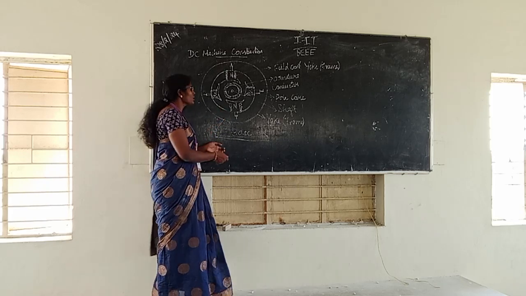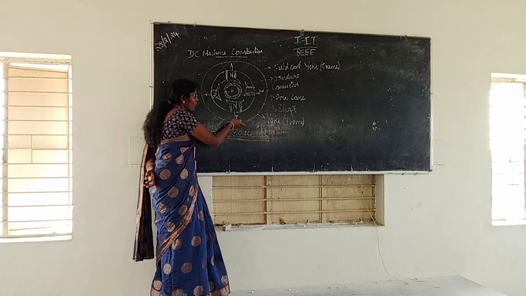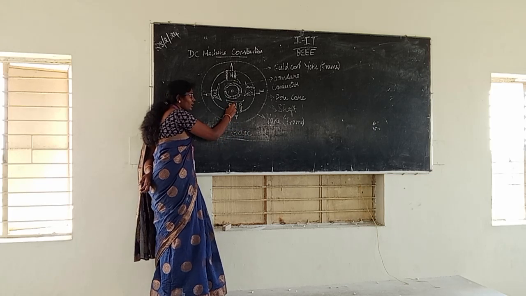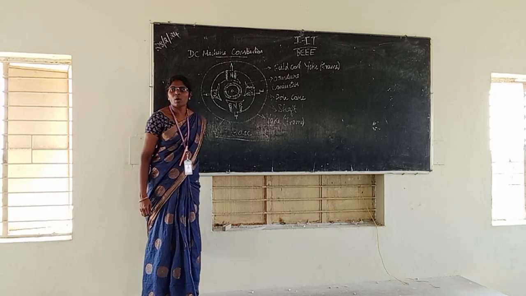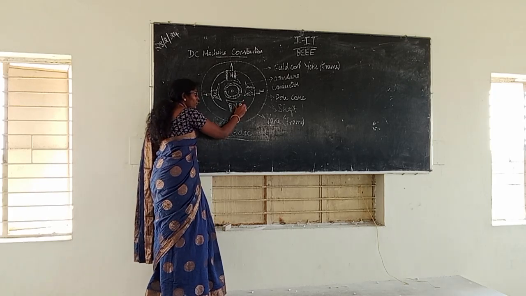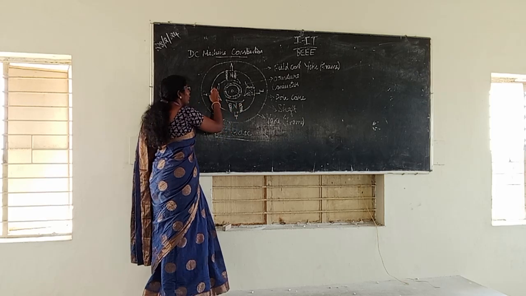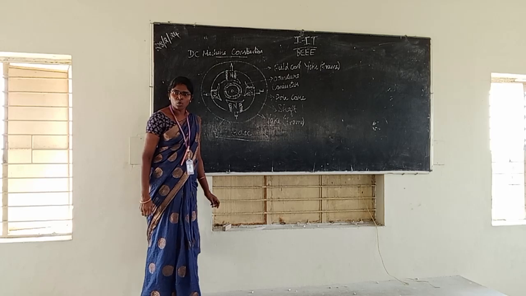Here is a winding I made in this form of design. This is the winding, and this is the field coil. All these constructions are important. This is said to be the field coil, which is present in all four pole cores.